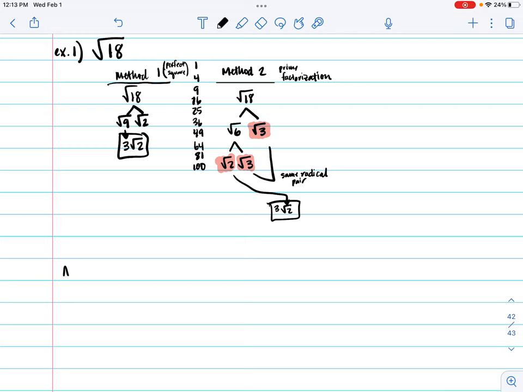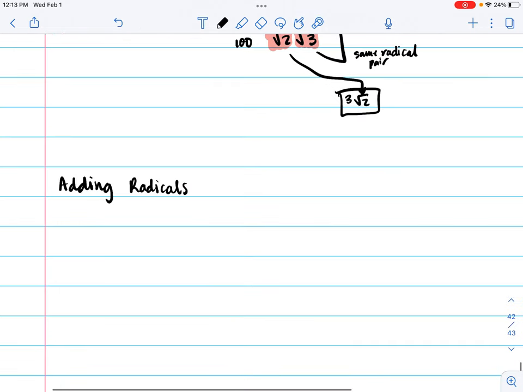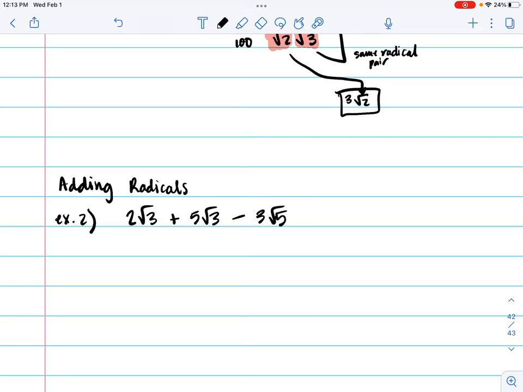Adding radicals is slightly different. Adding radicals, for instance, let's call this example 2, if we have 2 root 3 plus 5 root 3 minus 3 root 5, okay?